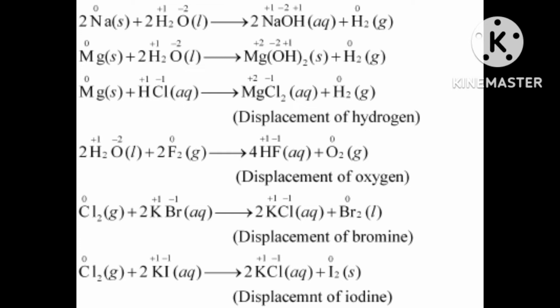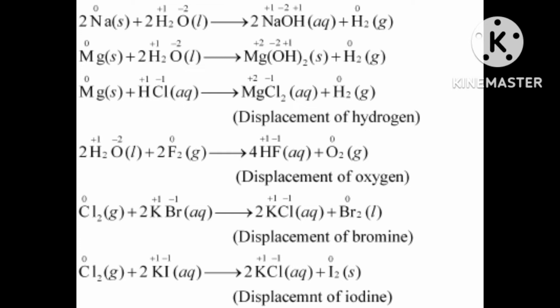Then fluorine is very reactive. Fluorine is so reactive that it can replace chloride, bromide, iodide ions in solution. In fact, fluorine is so reactive that it attracts water and displaces the oxygen of water.